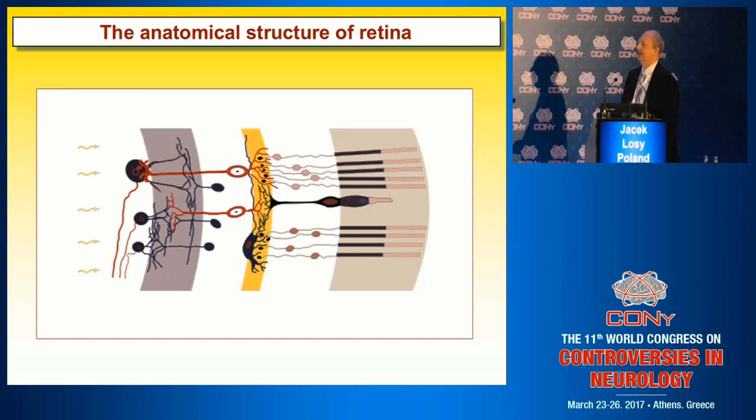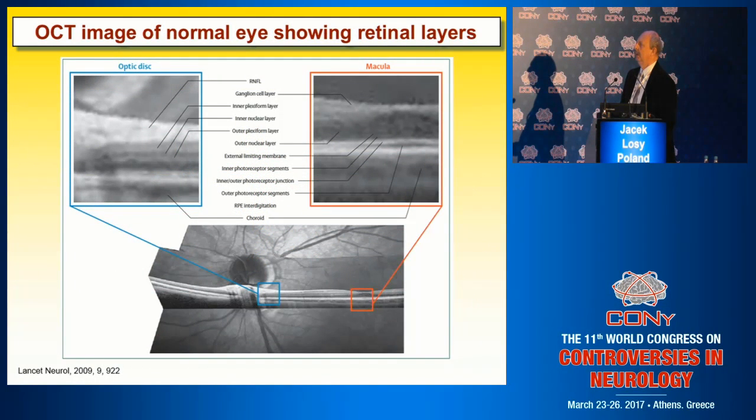All these cells and the axons and dendrites build several layers which can be detected by the OCT. And here you have already seen that there are many layers, and especially two regions are of our interest: the region of the macula and the optic disc.